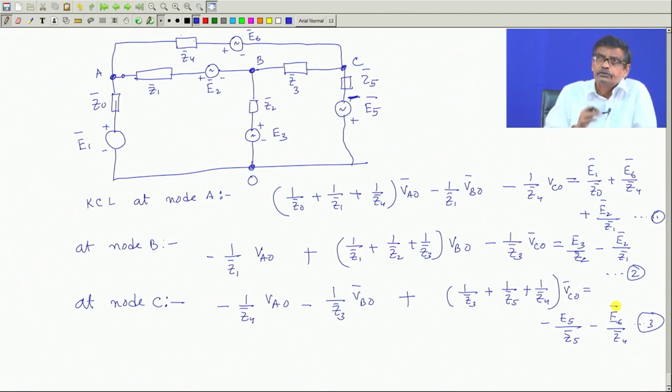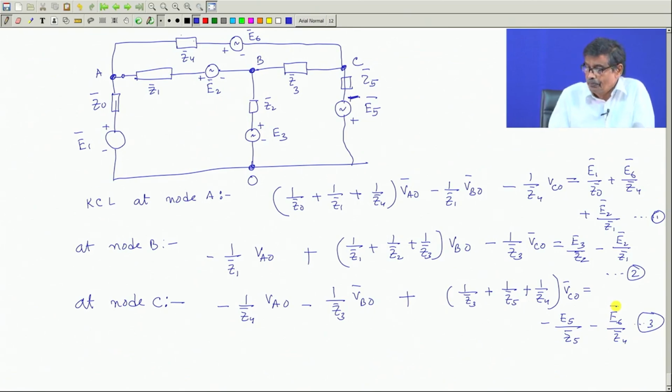But the fear that we had is, if it is an RL circuit, there is a complex circuit like this, several sources are present. So, you have to write down the differential equation to solve for currents. That is not necessary if you are only interested in the steady state currents.